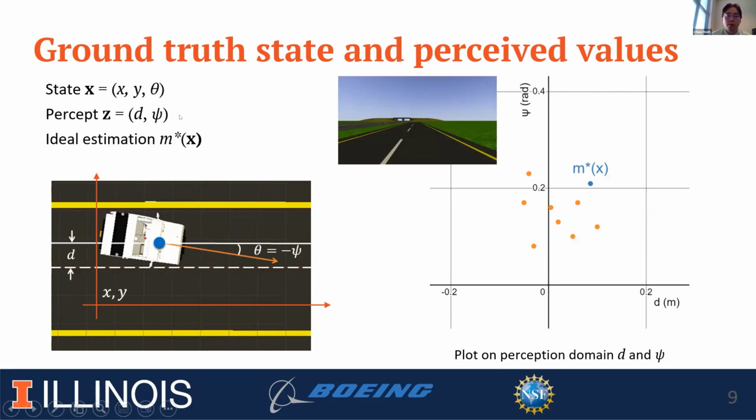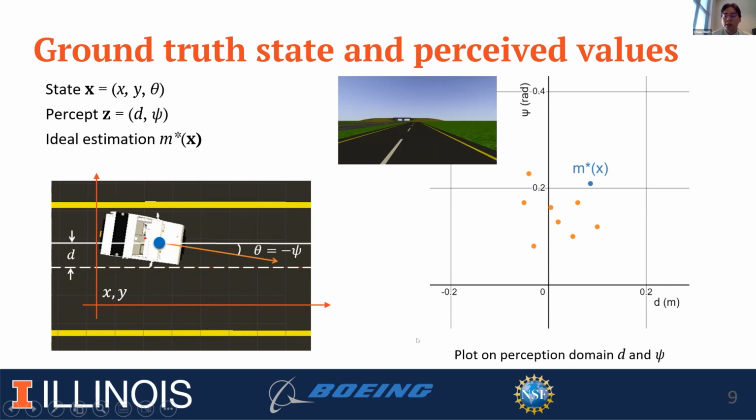The perception domain is the relative distance and the relative heading angle with respect to the center of the lane. For example, if the lane is exactly aligned with the x-axis of the world coordinates, then the relative heading angle is exactly the negation of the orientation with respect to the world coordinate.